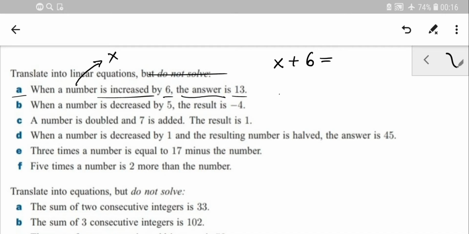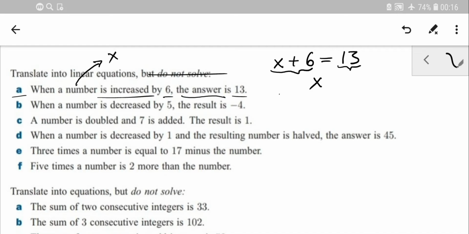So x plus 6 is a result. The statement tells you that on the left side x plus 6 is equivalent to a certain number. We completed an equation.